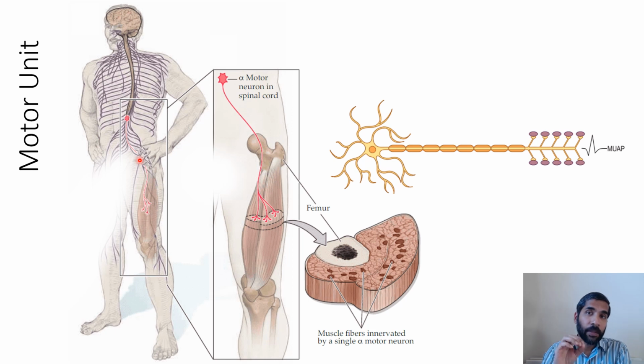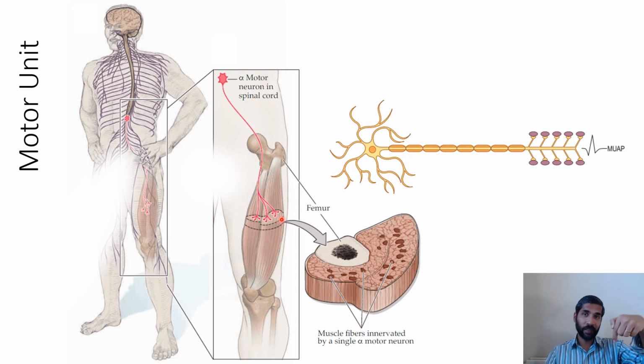Now let's just think about the motor neurons in a little bit more detail. So here's a motor neuron, which is somewhere in the spinal cord. And from there, the axon of the motor neuron comes down and innervates the muscle. Now, when a motor neuron comes down, it does not just innervate one muscle fiber.